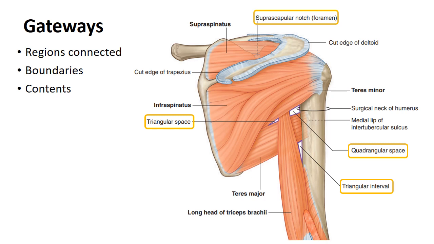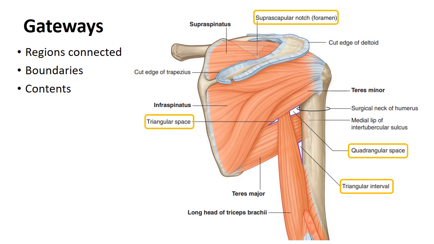The second one is called the triangular space, and it connects the axilla, which is anterior to the scapula, with the posterior scapular region.